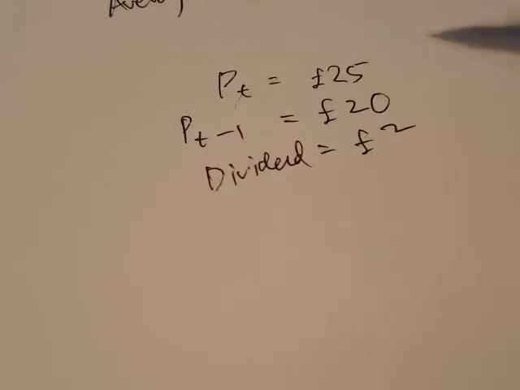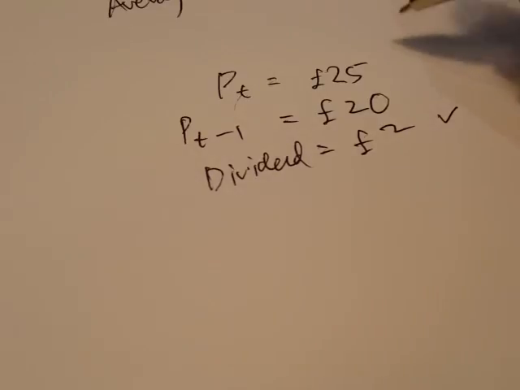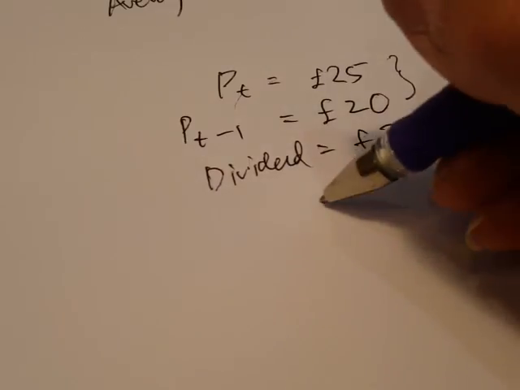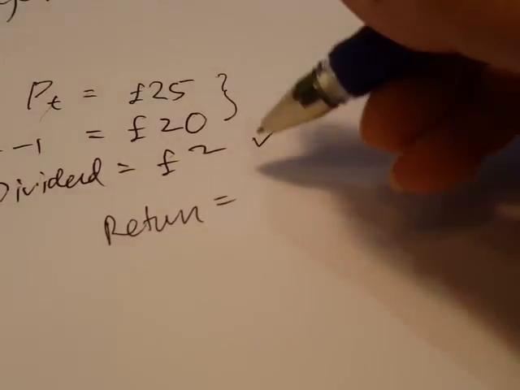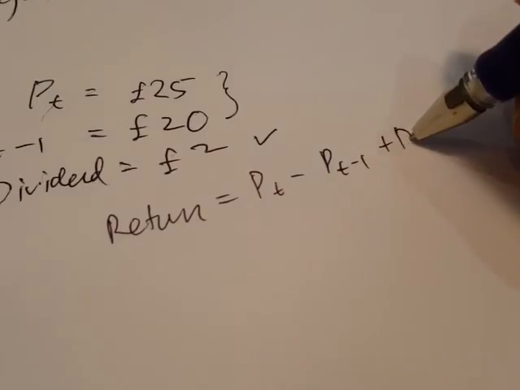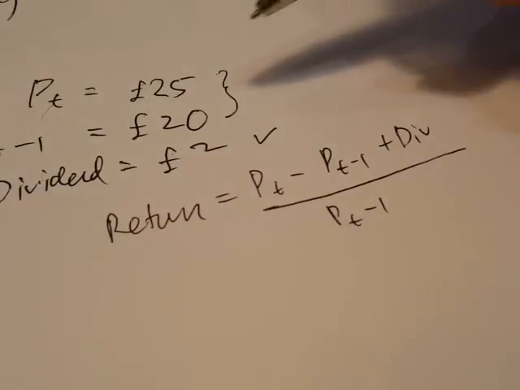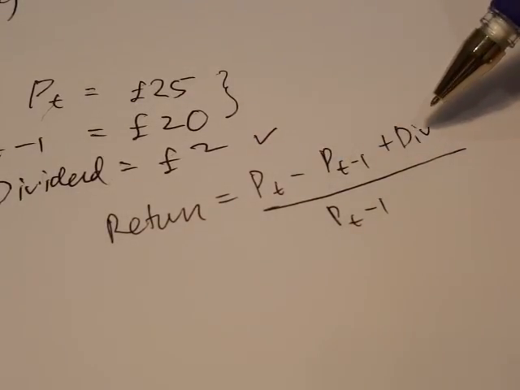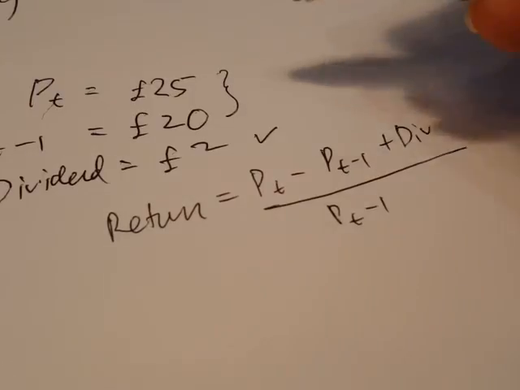So what is the return? There are 2 returns here. If you notice, the first one is the dividend, the second one is the gain you made from the increase in the share price. So the return formula which we generated just now is the latest price less the previous price plus dividend, divided by the previous price. It shows you the gain you make plus the return you get from the dividend over the original amount you invested in the purchase price.